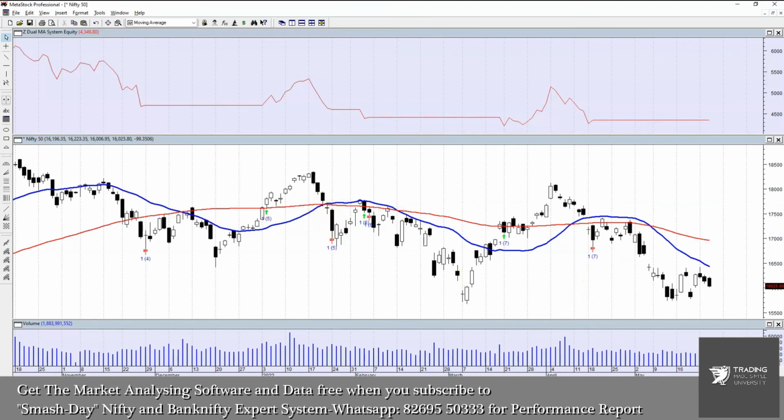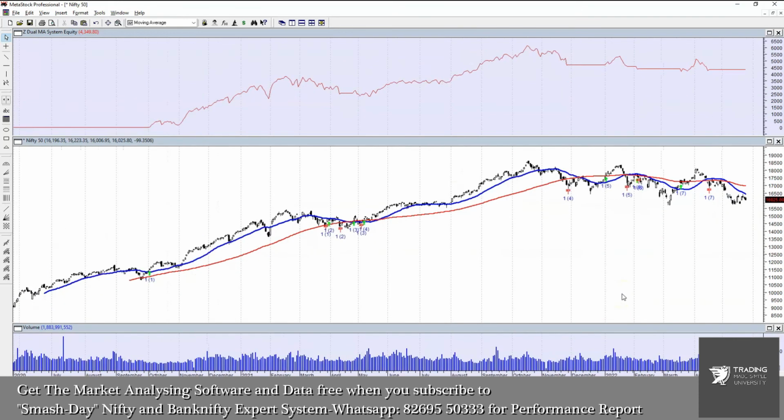So the signals are showing properly, and see, if you are following a long only trading system and prices are not rising, there is no way you can make profit. But when the market condition is adverse, how little you lose is most important, right? And this system is not losing a great amount.